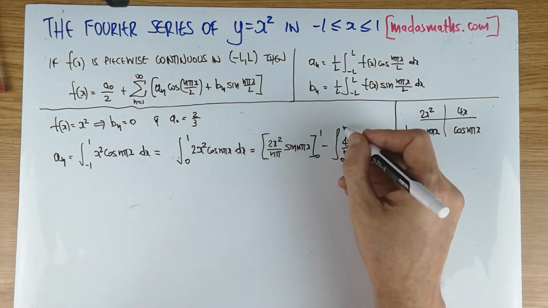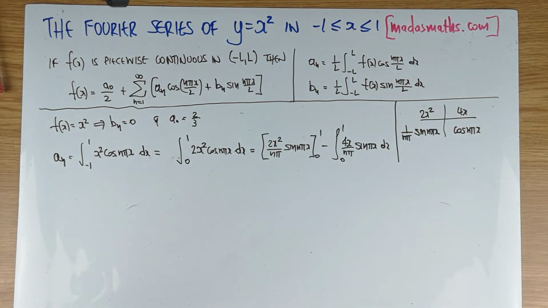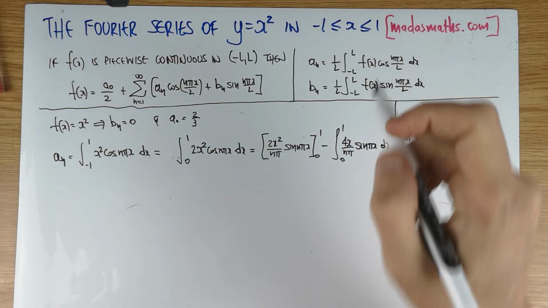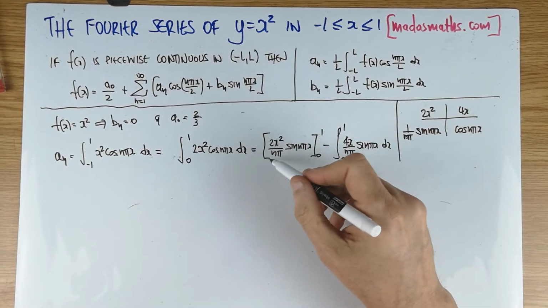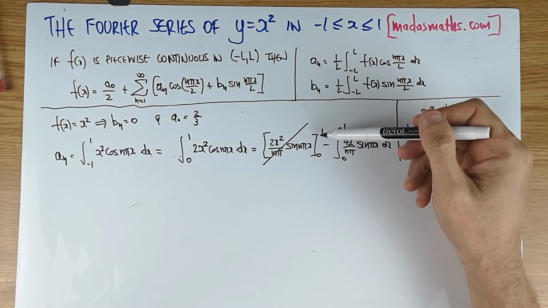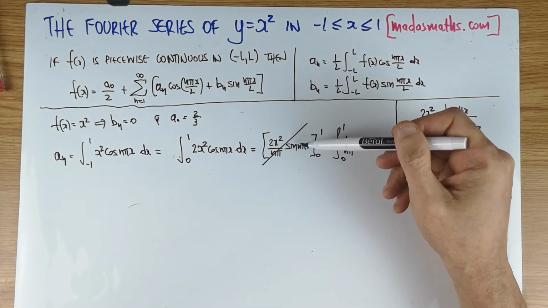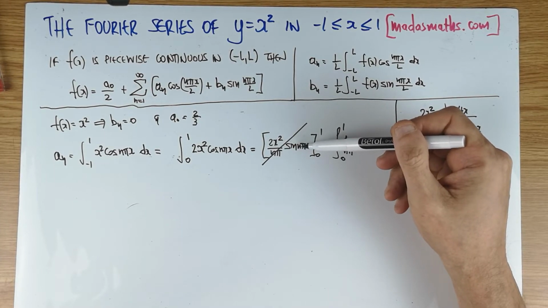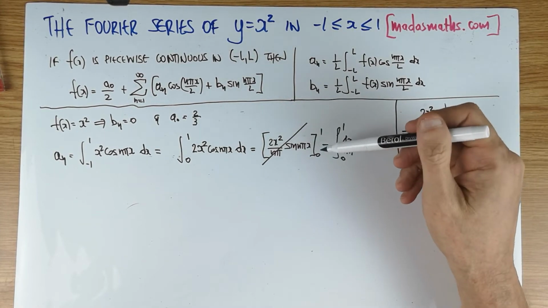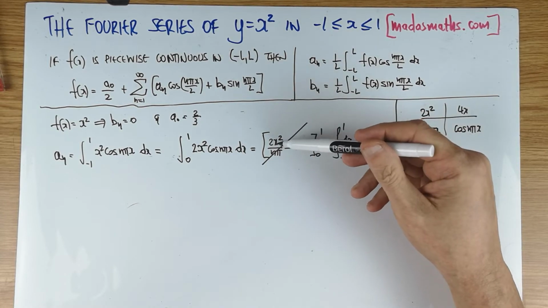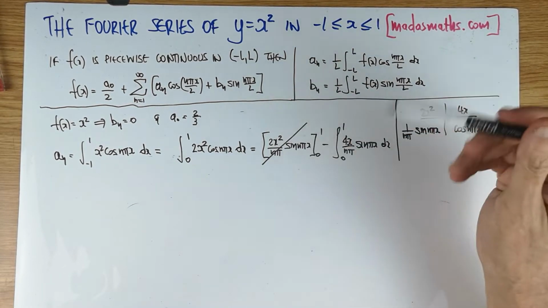Managed to squeeze it, 0 to 1. Okay, I claim this is 0. When x is equal to 1, the sine of n pi, where n is an integer, is 0. When we go to the 0 limit, it just dies from here straight away.